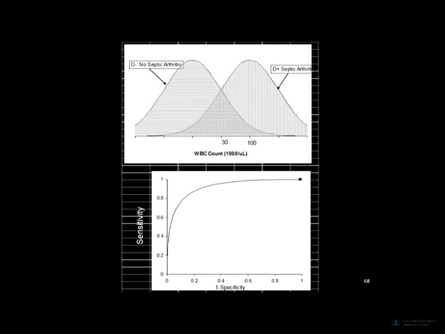So really moving along this part of the curve, I have gained very little in terms of sensitivity, but I've sacrificed a lot in my specificity. The probability of having a negative test in people without the disease, that's my specificity, has become extremely low. So that doesn't seem like a good option.